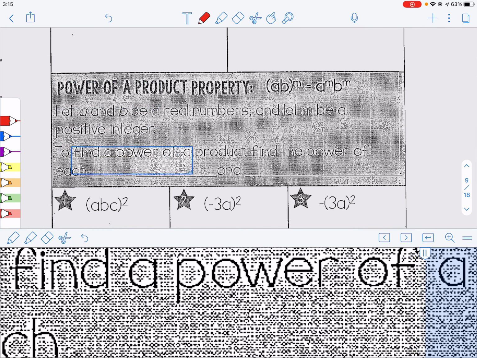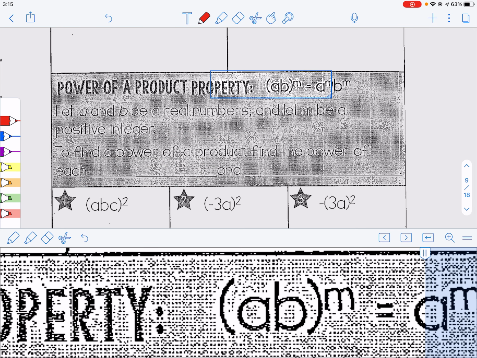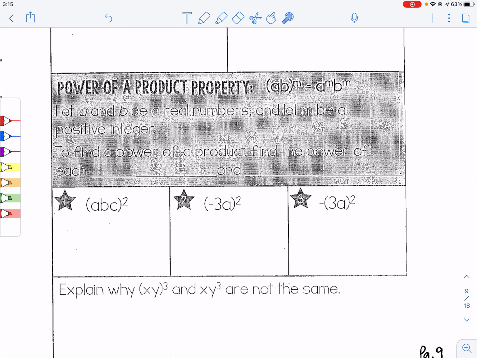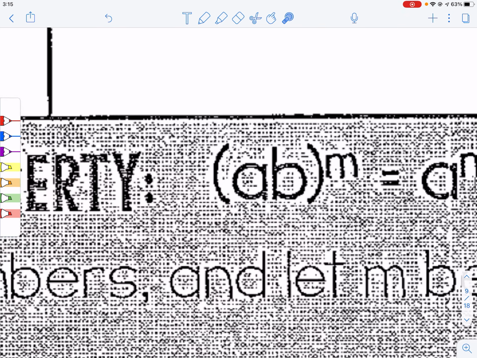Okay. All right, so let a and b be real numbers inside your parentheses here. These are real numbers, or they can be variables, and then let m be a positive integer. So this up here is just a positive integer. Whenever that happens, to find a power, they rewrote it like this. You basically just take this m, whatever the exponent is, and you bring it to both a and b.